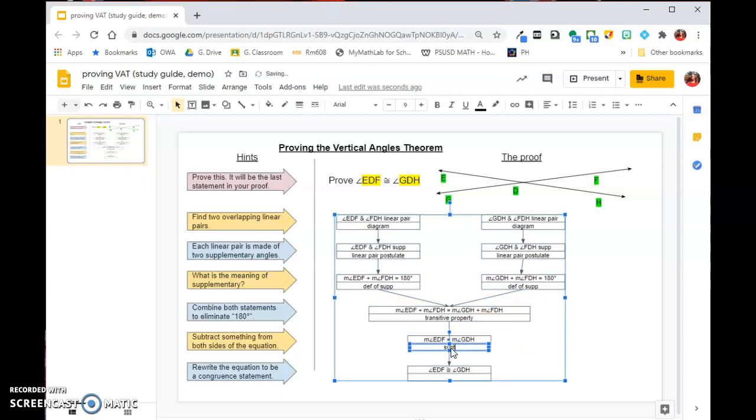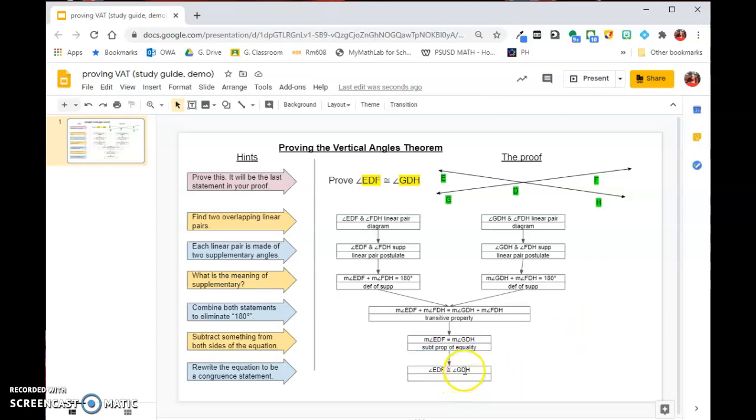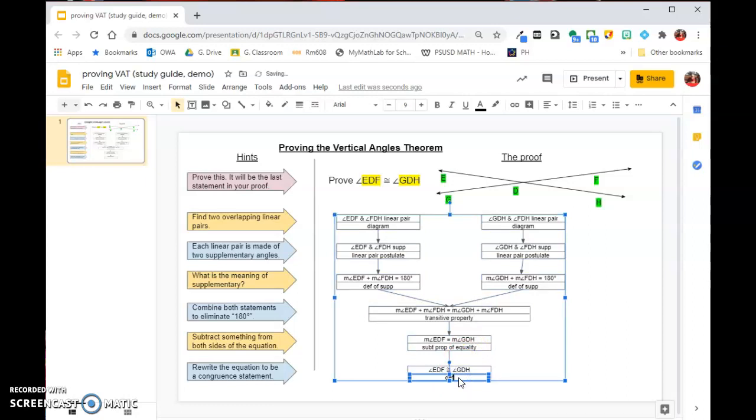Subtract. Let's see if we can get away with subtraction prop of equality. The whole name is the subtraction property of equality. Now, how can we change that statement about numbers into a statement about angles? We're going to use the definition of angle congruence. We'll see if we can fit that in there. There we go.